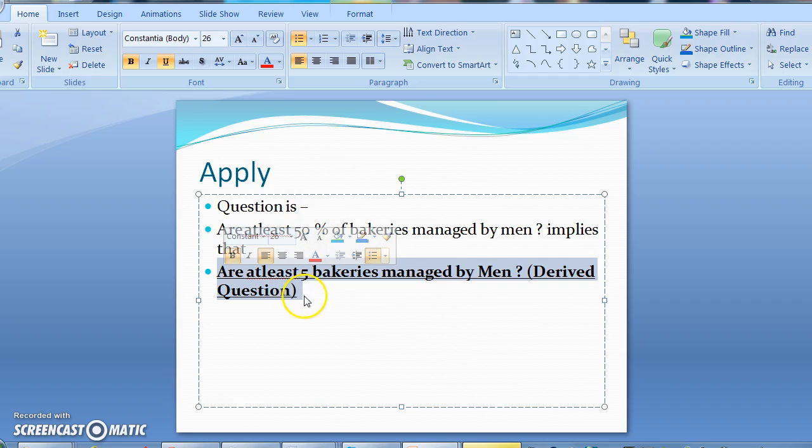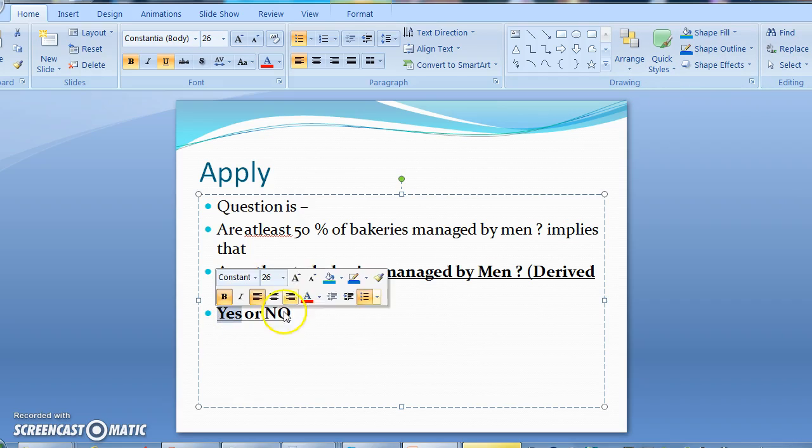Remember, this is a yes or no question. If I get a definite yes, then the statement is sufficient. But you must remember that a definite no is also sufficient, because if I can answer this as a definite no, then I have actually answered the question.